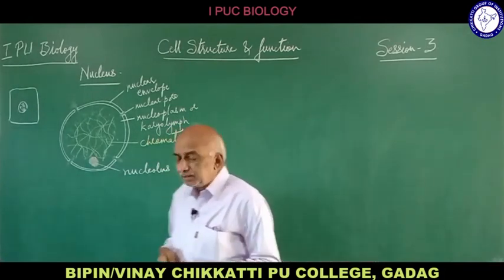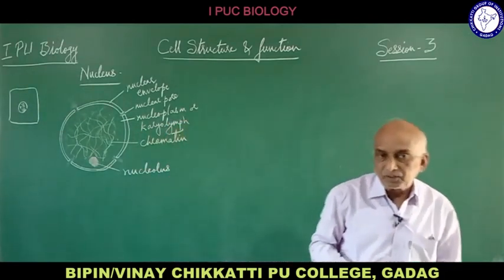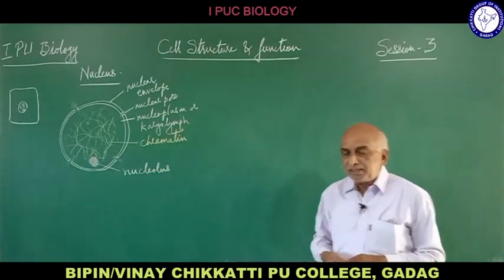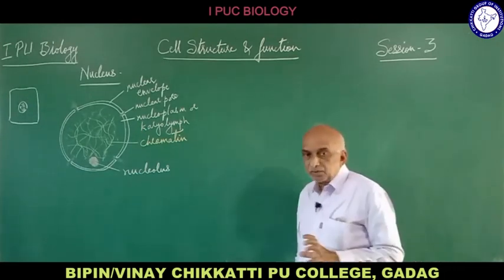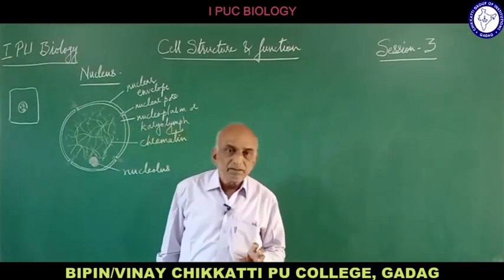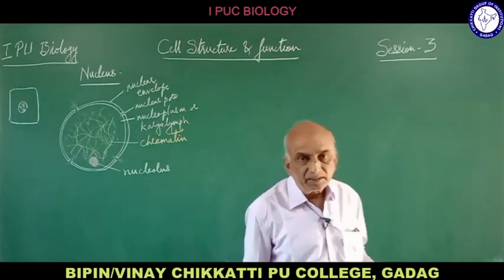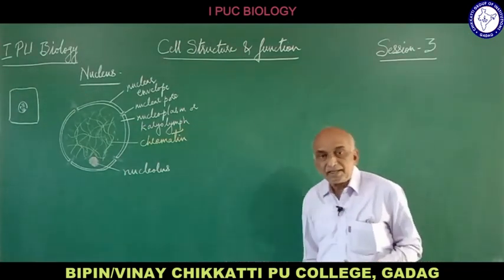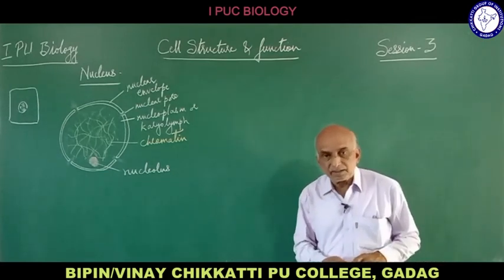The DNA is the genetic material which is present in the chromatin. So the DNA is the master molecule which controls all the functions. It controls all the expressions of the characters. The expressions of the characters are all controlled by the DNA. It is due to the activity of the DNA that the characters are expressed.